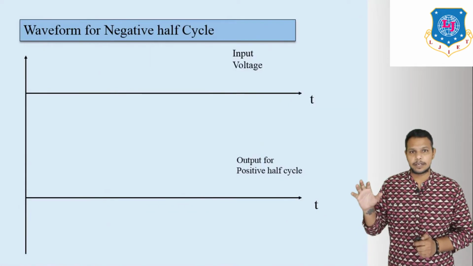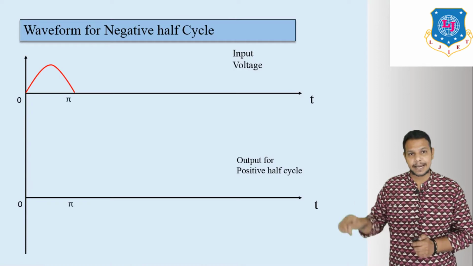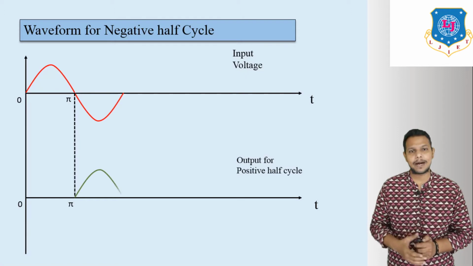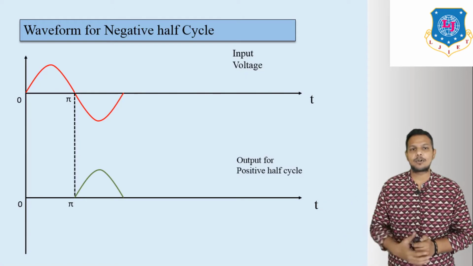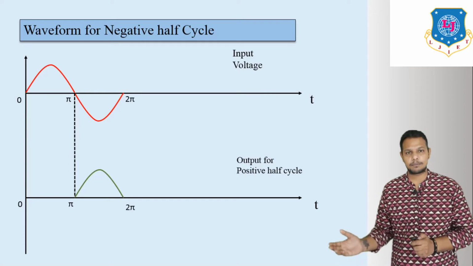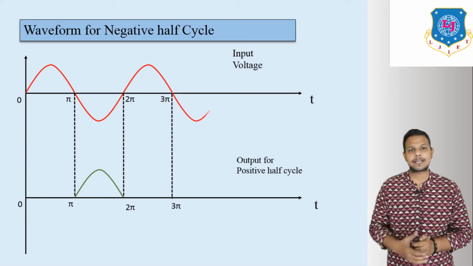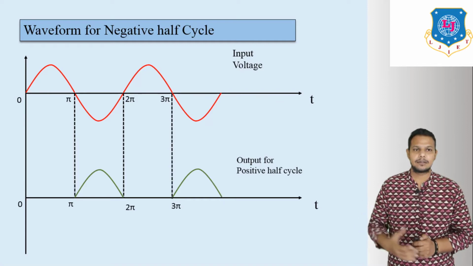Now its waveform: if we apply negative half cycle, pi to 2 pi, then we will get positive half cycle at the output side. Again, if we apply negative half cycle, then we will get positive half cycle.